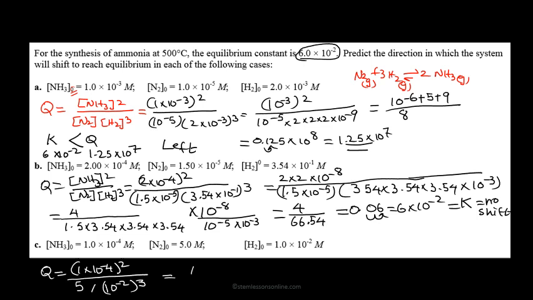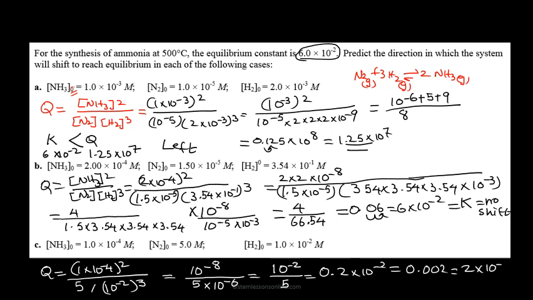That is 10 to the power negative 8 divided by 5 times 10 to the power negative 6. When you take it to the numerator, it will be plus 6, so negative 8 plus 6 is 10 to the power negative 2 divided by 5. 1 over 5 is 0.2, so 0.2 times 10 to the power negative 2 is 0.002, or you can just write 2 times 10 to the power negative 3.